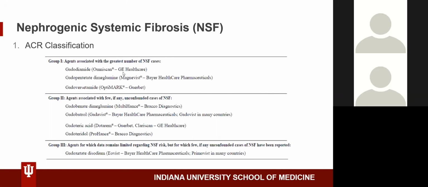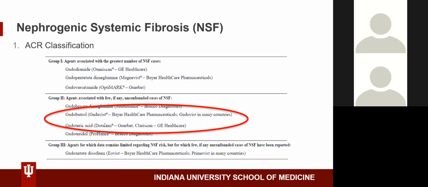These are the ones that we would associate with being the least stable or the most prone to depositing gadolinium in the body, or the most prone to having gadolinium dissociate from the chelator complex while in the body. And then group 2 agents are associated with few, if any, unconfounded cases of NSF. So they are the ones that we're most familiar with in IU Health Network, Gadavist and Dotarem. Again, we know that those are very stable, so they're associated with few, if any, cases of NSF.